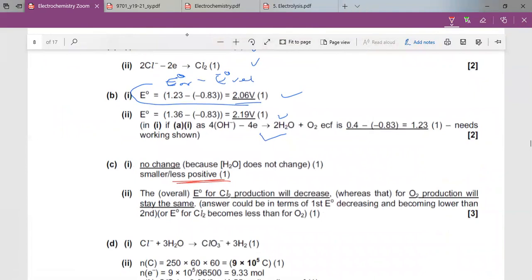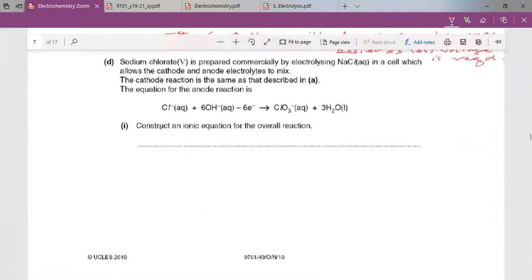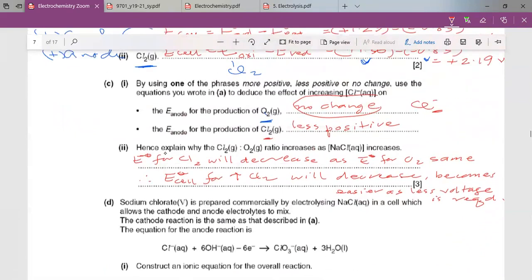Now they ask you for the overall change. Here we end with this. Hence, explain why the ratio of the amount of Cl2 to oxygen will increase as the Cl minus concentration increases. That means this fellow here becomes less positive.